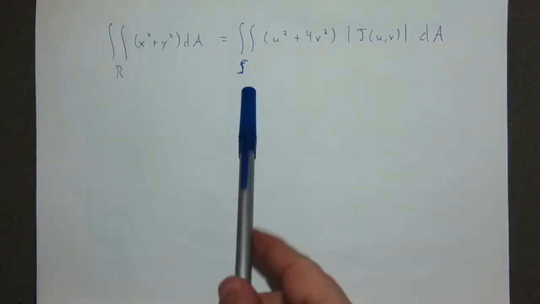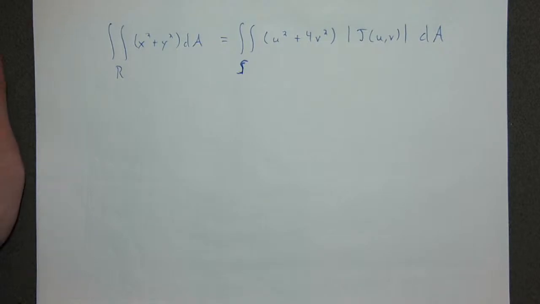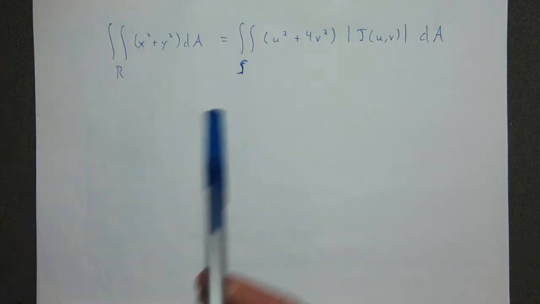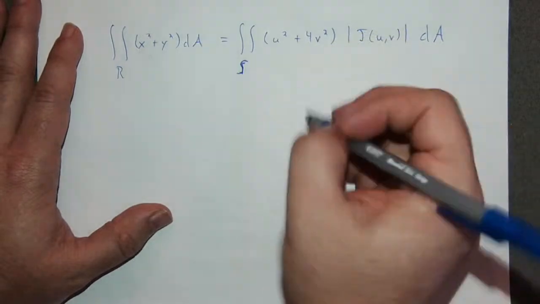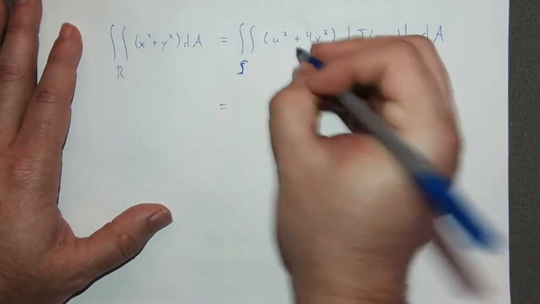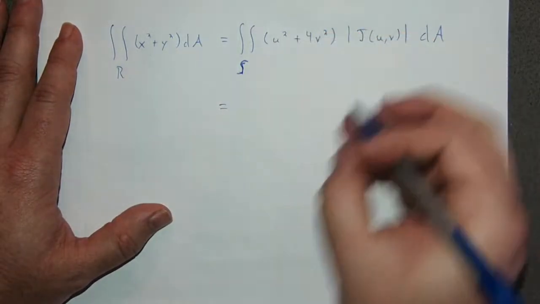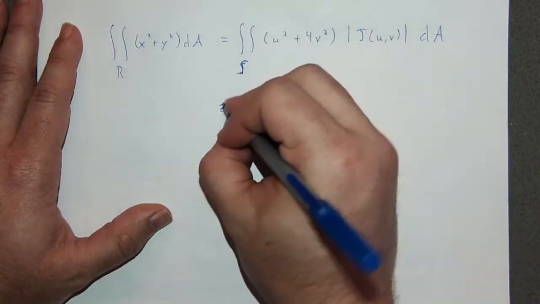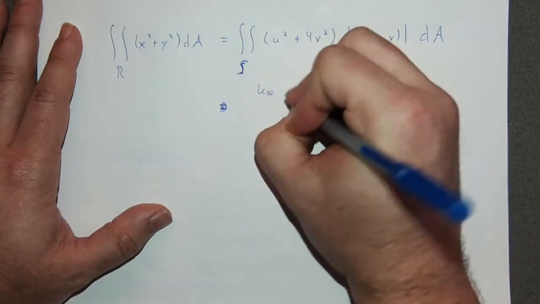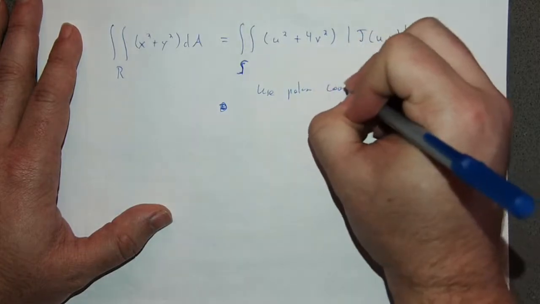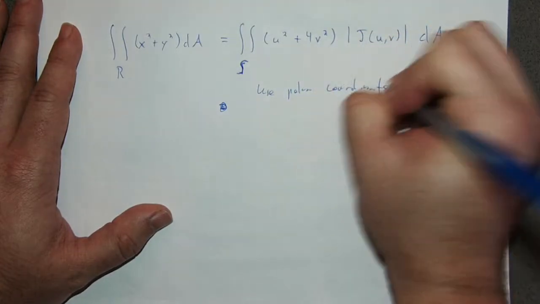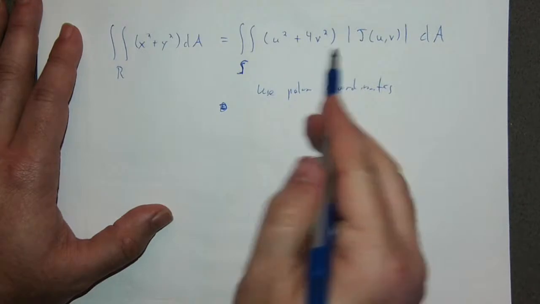Okay, but this S is the closed unit disk, and so the easiest way to deal with that is to use polar coordinates. But we're using polar coordinates not with respect to x and y, but with respect to u and v.